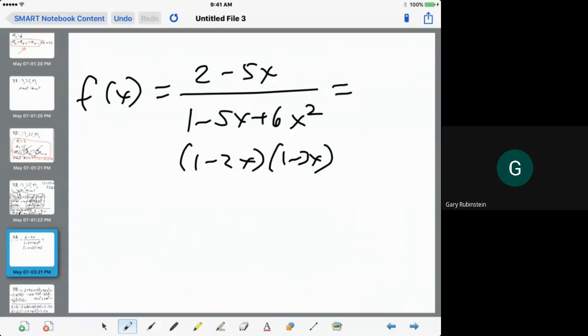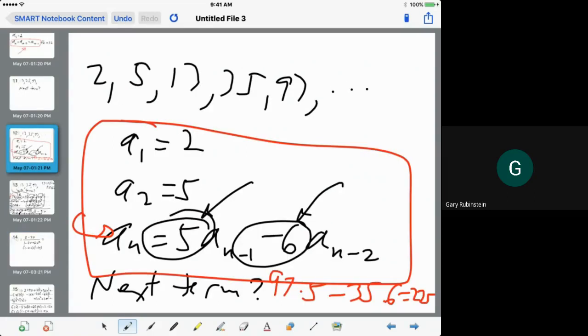Ethan asked about the -5 and the +6. Those came from the rule. Because each term was equal to 5 of these minus 6 of these, if I do +6 of these and -5 of these, it will turn it into 0.